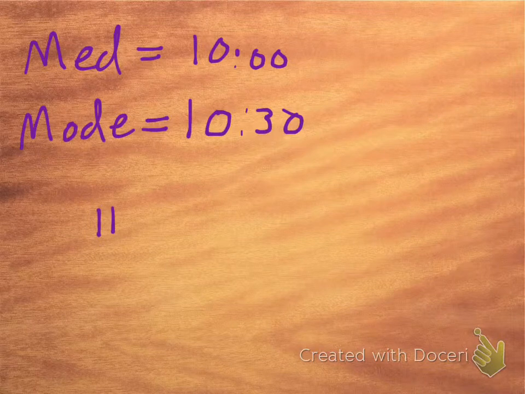If I have 9:45, that means 9 3/4 of the way to 10. So what would that be as a decimal? 3/4. 9.75. Now I'm going to line up the decimals so I can add them. 9:30 would be 9.5.